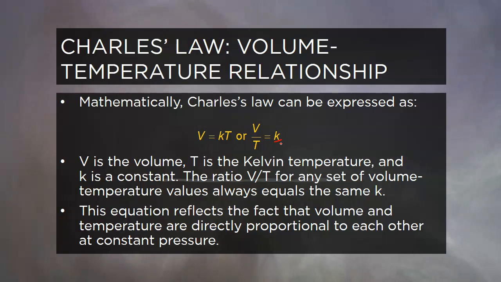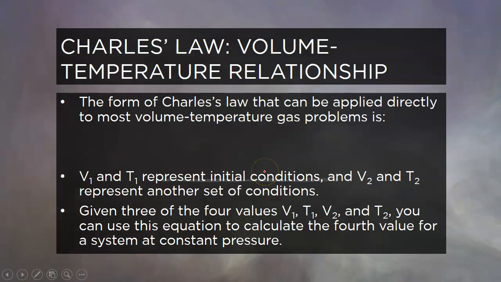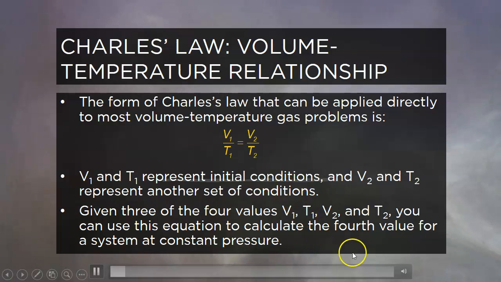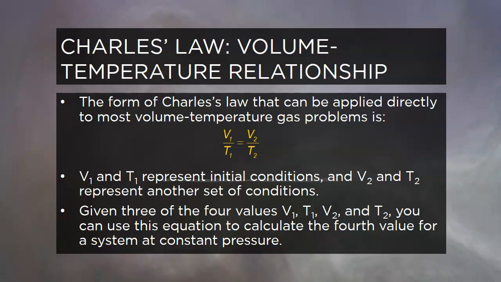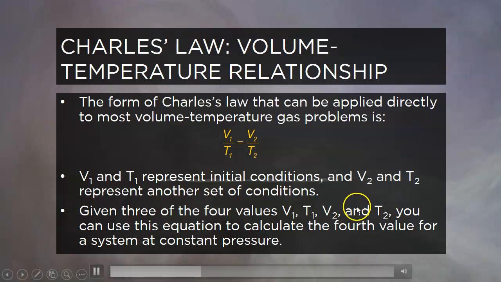So that volume over temperature is always going to be the same ratio, K, and we can show that just like we did with Boyle's law. We can look at Charles' law and see that volume 1 over temperature 1 equals volume 2 over temperature 2. And as long as we have 3 of those values, we can figure out the 4th.